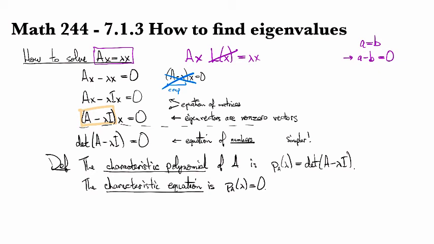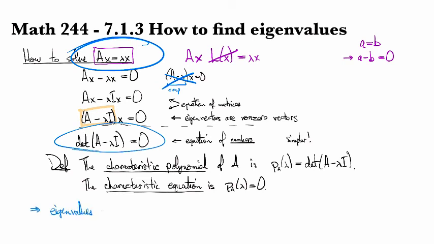Since we can only have non-trivial vector solutions of this original eigenequation when we have zeros of this equation, lambdas which are roots of this one, we see that the eigenvalues are precisely the roots of the characteristic polynomial.